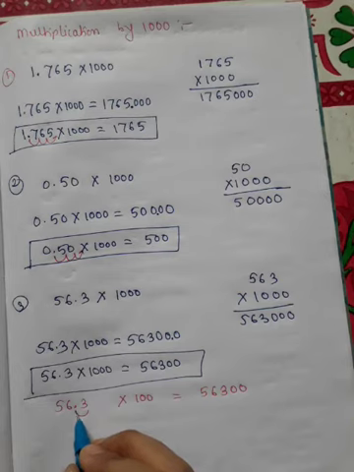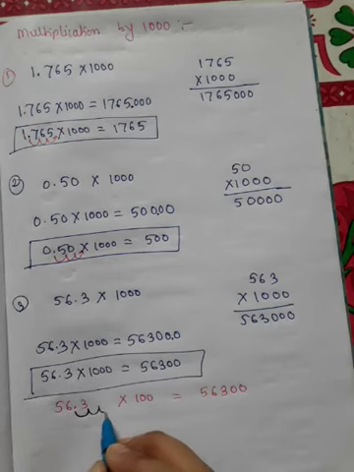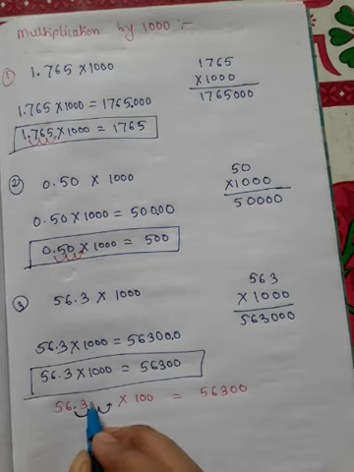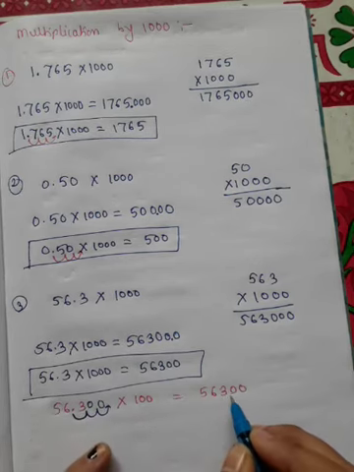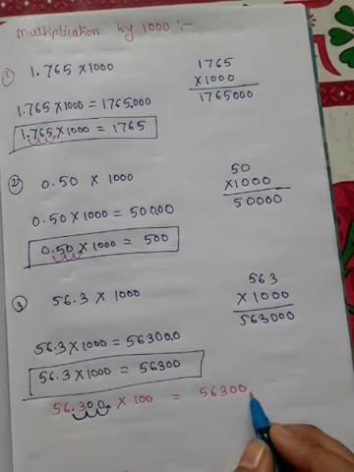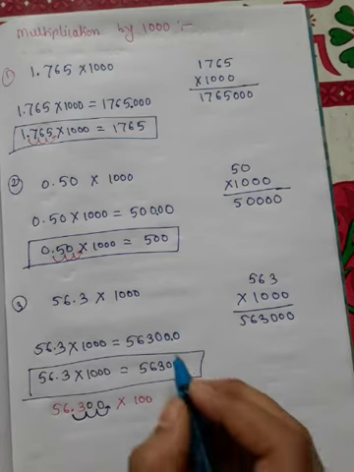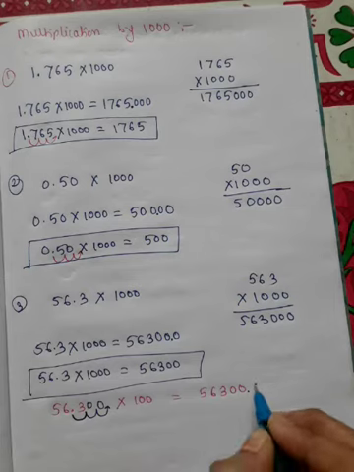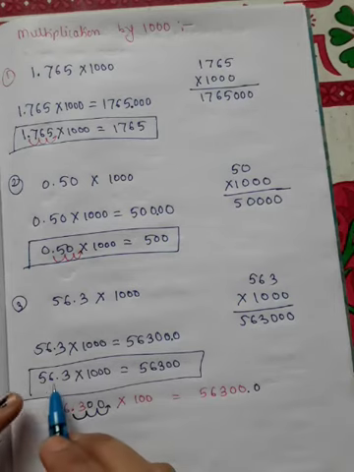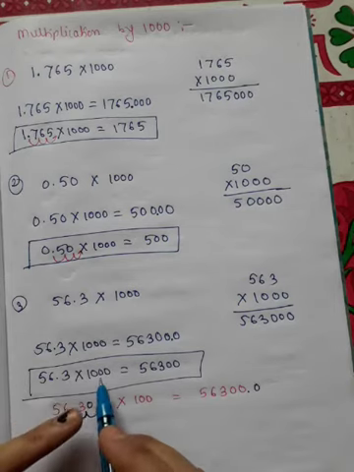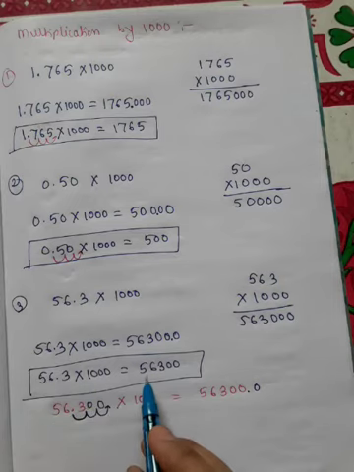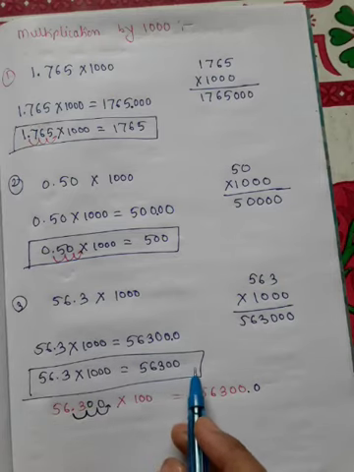When this decimal point is shifted to the right by 3 units, 1, 2 and 3, we have to put zeros here. So we put 0 0 and then put the point. So the product of 56.3 into 1000 is 56300.